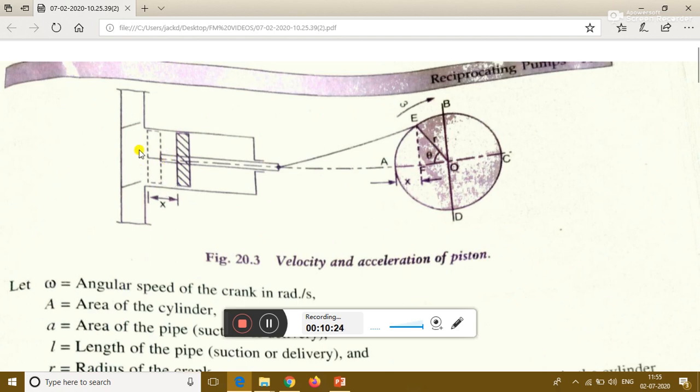Similarly, the volume of water in the cylinder will be equal to the volume of water entering the delivery pipe. So continuity equation means the discharge is constant, Q1 equals Q2, or area into velocity of water in the pipe will be equal to area of the cylinder into velocity of water in the cylinder.